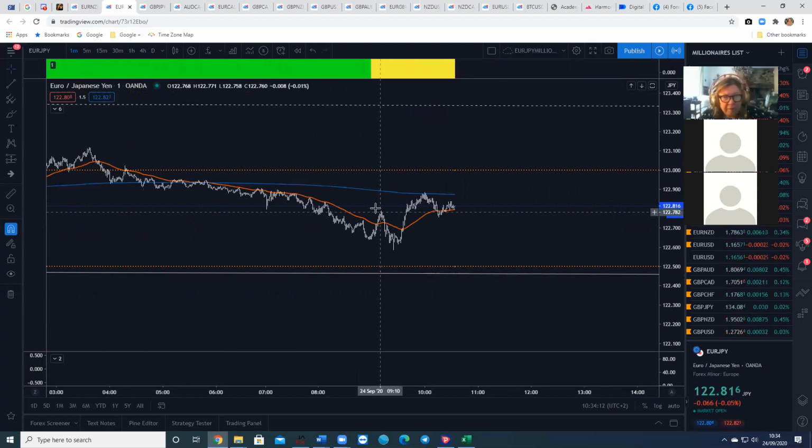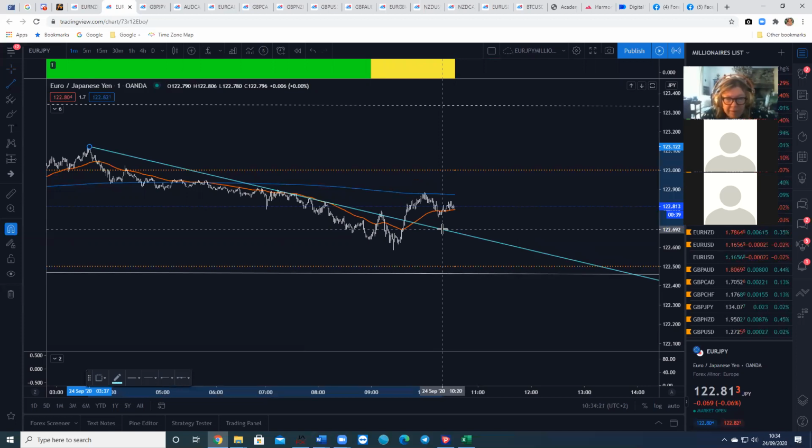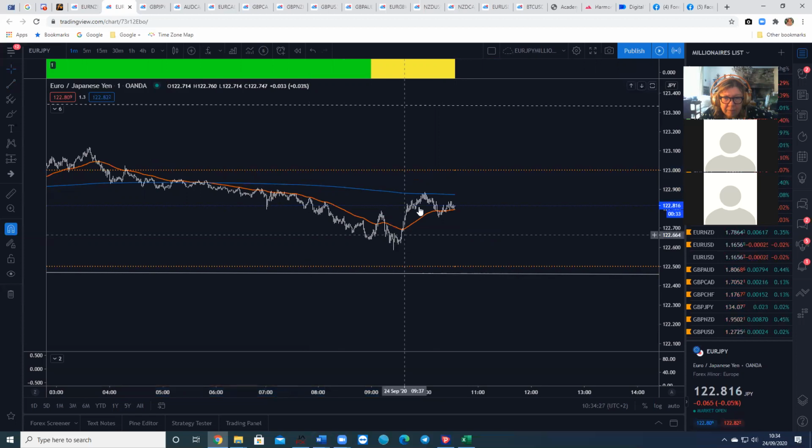But it has broken that downward trend here. If you put that there, lots of touches there, and it's broken that, so it seems to be going up here. Let me look, I can't put a fib on. So at the moment it's ranging between the 62 and the 15 minute.